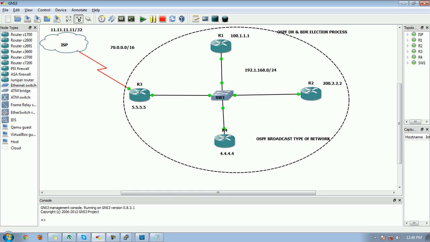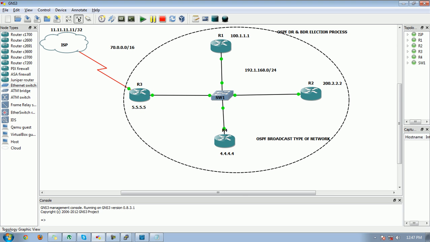What if we give it? It will be given more preference using the command router ID. How to give that? First we'll select which device becomes DR. Now I want R1 to become DR, R3 to become BDR, and R2, R4 DROthers.